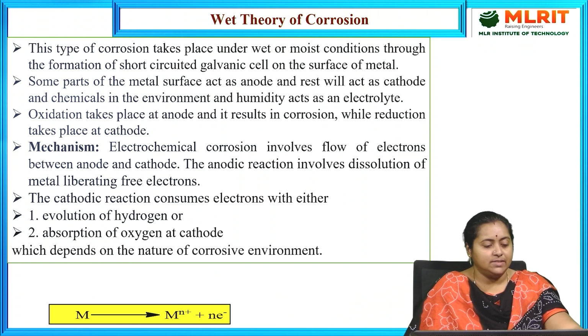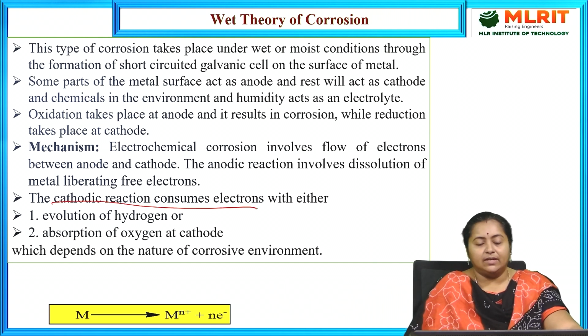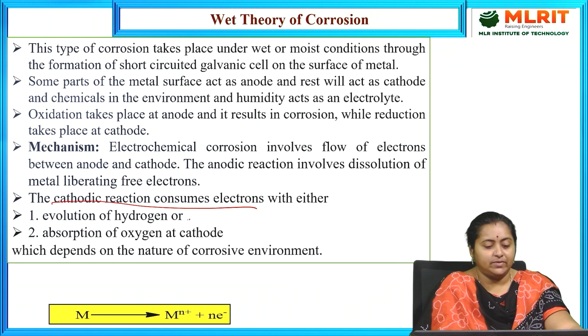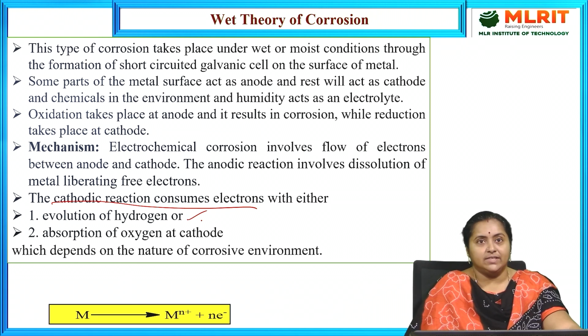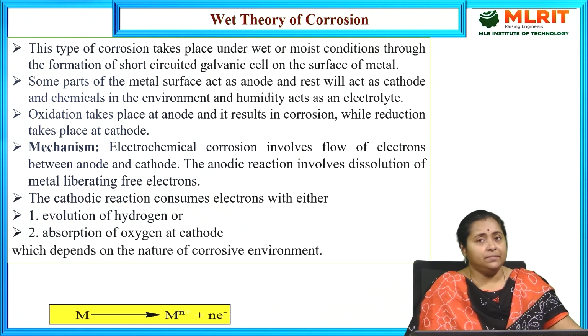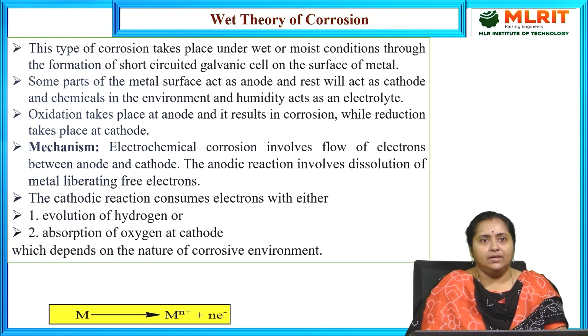These metal ions, along with the electrons, move towards the cathode. The cathode reaction will take place in two different ways. First one is evolution of hydrogen gas, which is possible if the medium is an acidic environment. The second approach is absorption of oxygen, when the medium is an aqueous neutral solution.